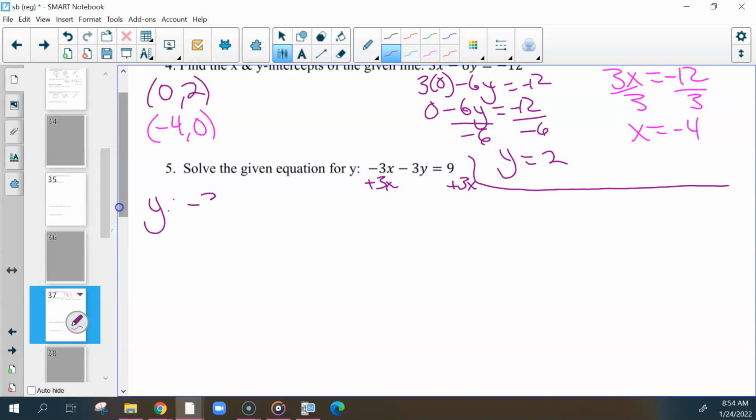So this would become negative 3y equals 3x plus 9. And then divide everything by negative 3. Oops, I should have done that separately. So your y would equal negative x minus 3.